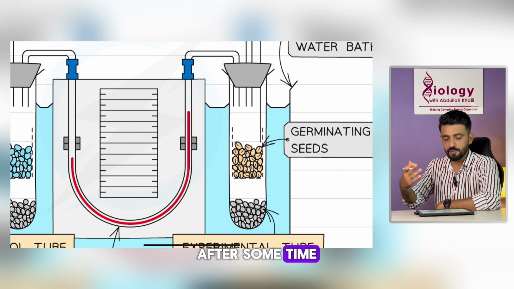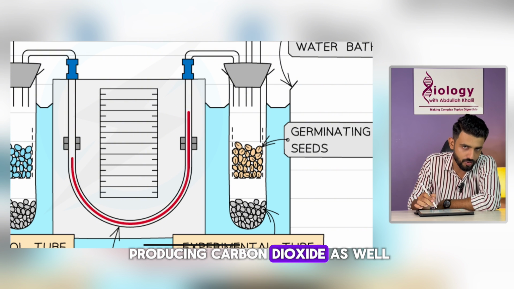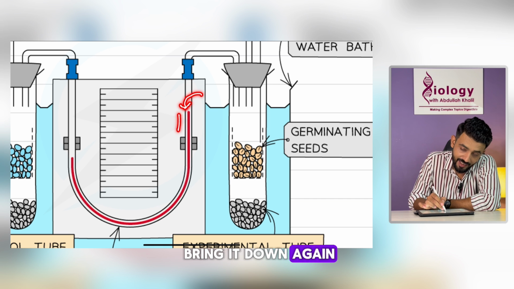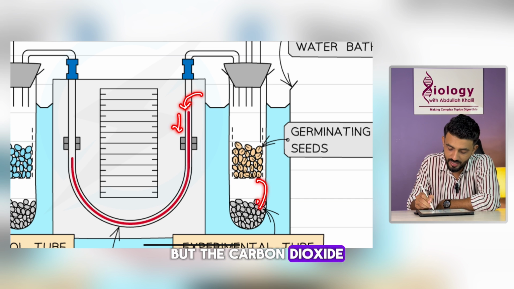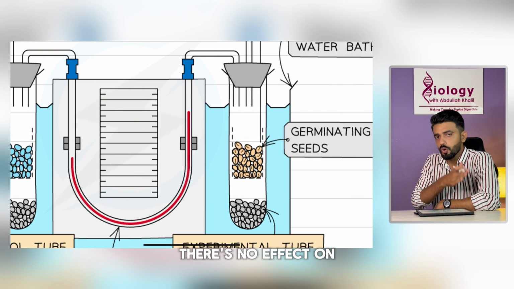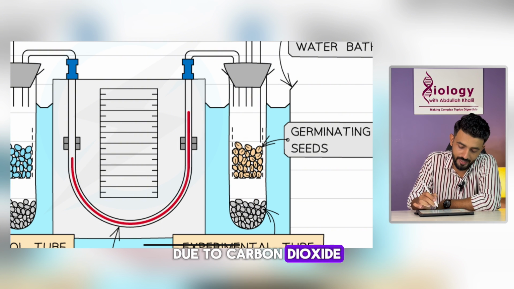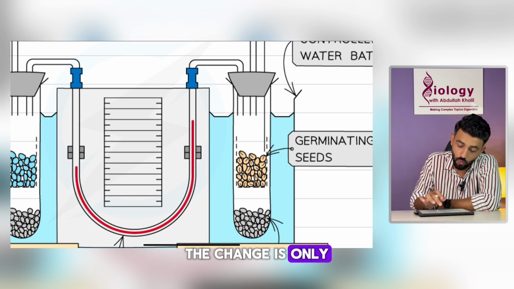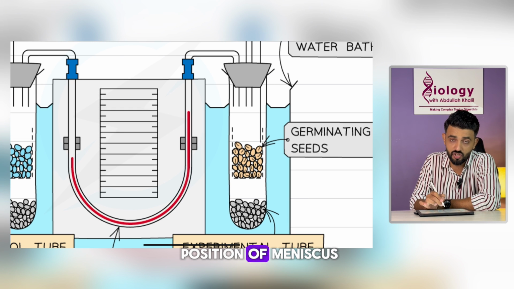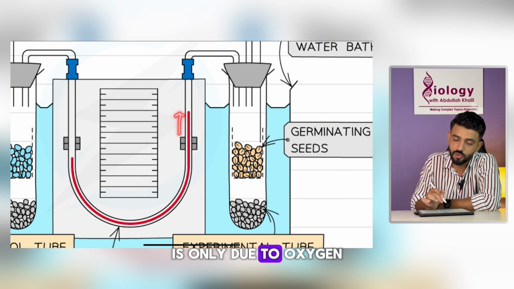After some time, obviously it will be producing carbon dioxide as well, and carbon dioxide may bring it down again, but that carbon dioxide is absorbed by soda lime at the bottom. So there is no effect on the meniscus due to carbon dioxide. The change in the position of the meniscus is only due to oxygen.